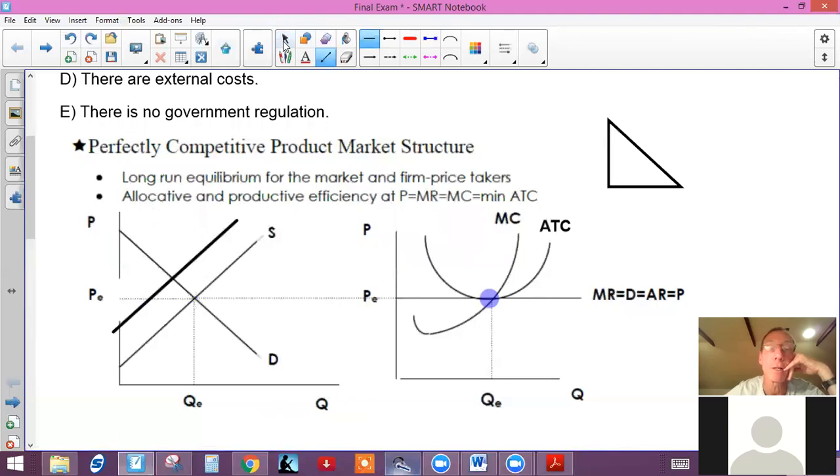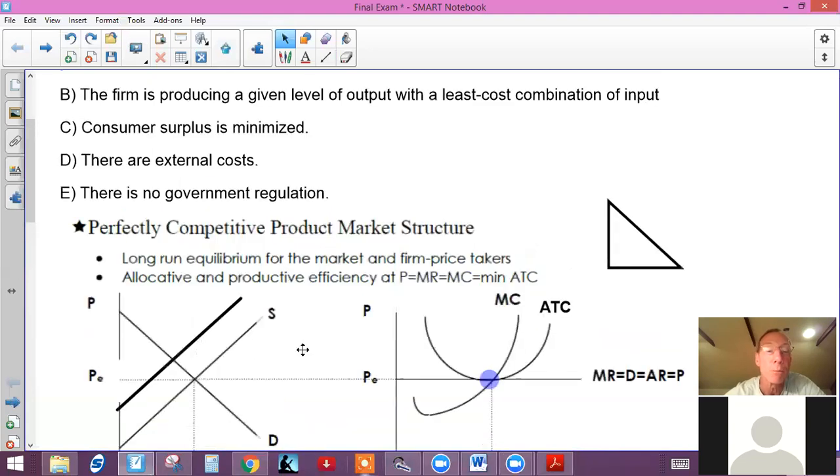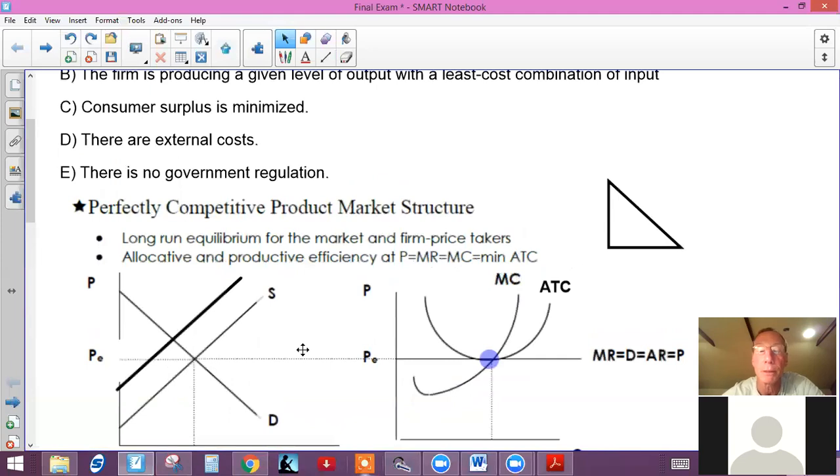Okay, this supply curve right here is the marginal private cost, and then if there's a negative externality or an external cost, like in the case of pollution, the cost that pollution would cost the society, you would have another supply curve or marginal cost curve that was marginal social cost. So that doesn't have anything to do with being productively efficient.